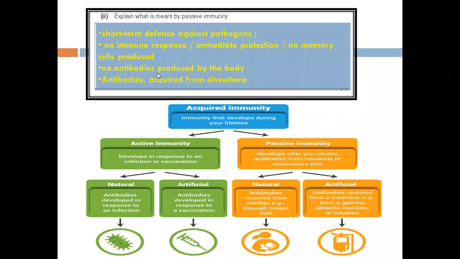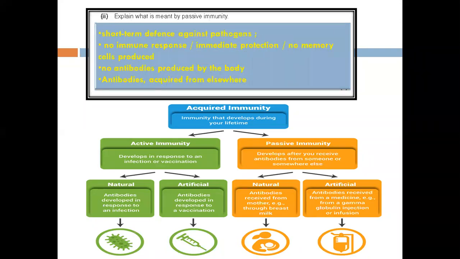So it is a short-term defense against pathogens, with no immune response, as you are taking antibodies from another. There is no immune response and no antibodies produced by your own body; the antibodies are acquired from elsewhere, right? So that's why passive immunity will not remain for a long time in your body. Okay.